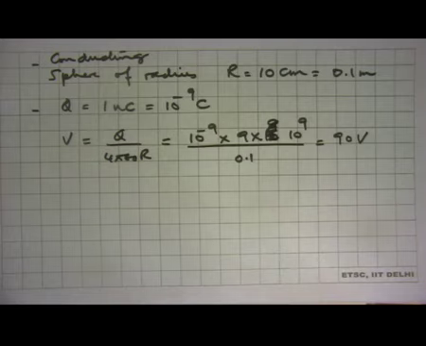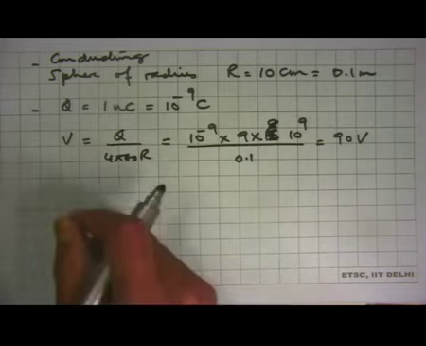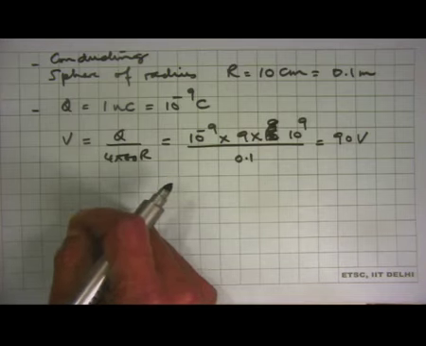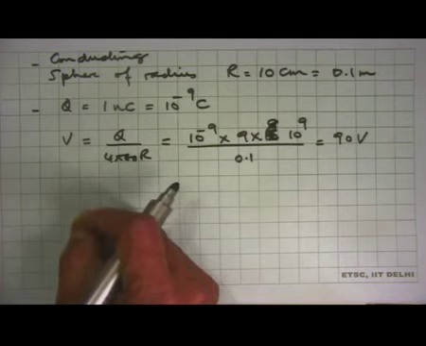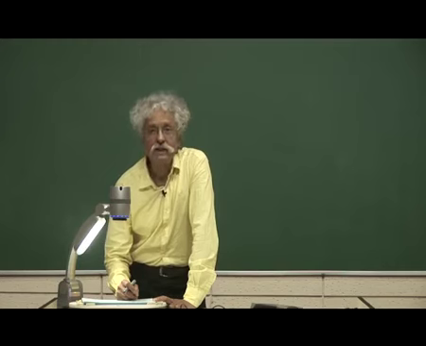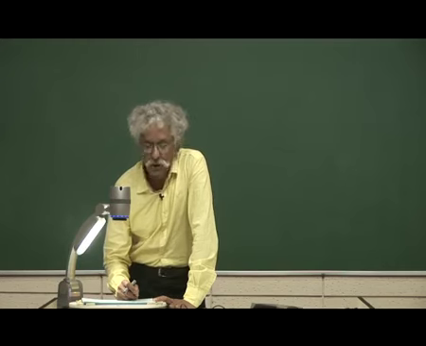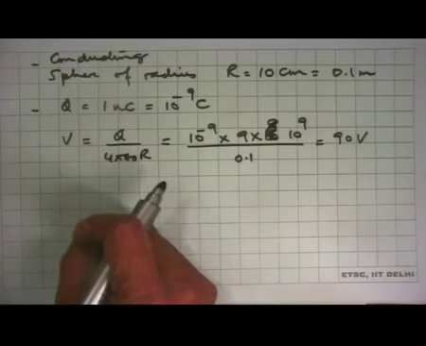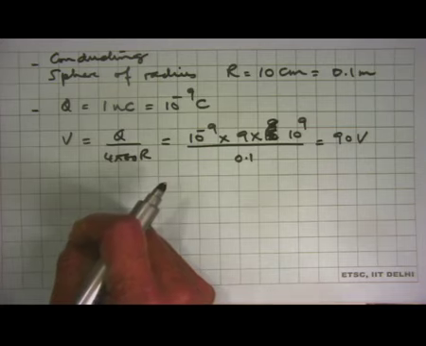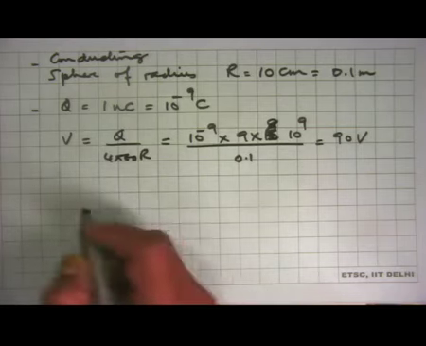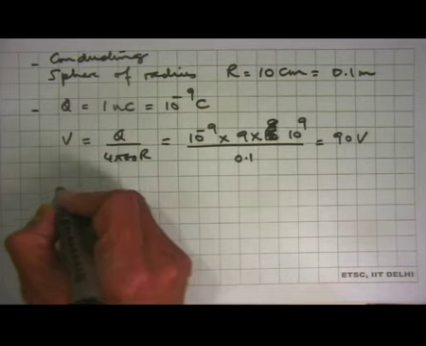So, if you take a sphere of radius 0.1 meters and put a charge of 1 nanocoulomb on the sphere, it gets a potential of 90 volts. It essentially means that you need to spend energy to bring a charge from infinity to this point if the charge is positive. So, what is the electric field?